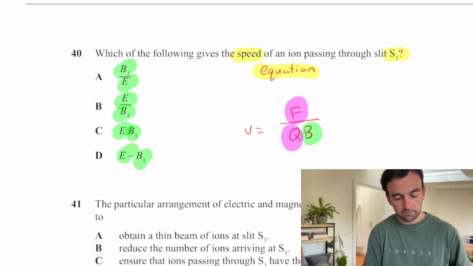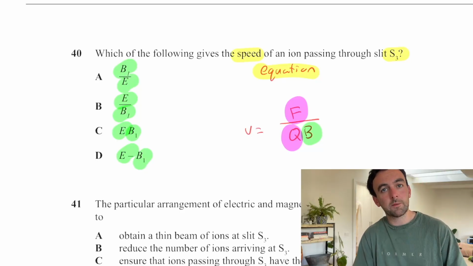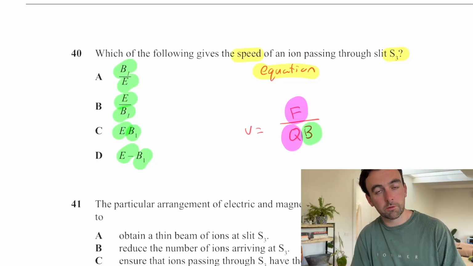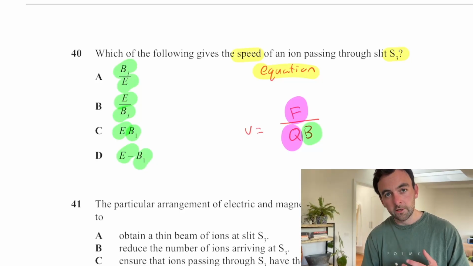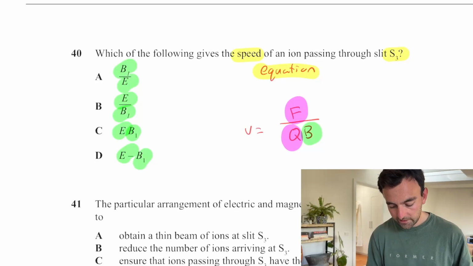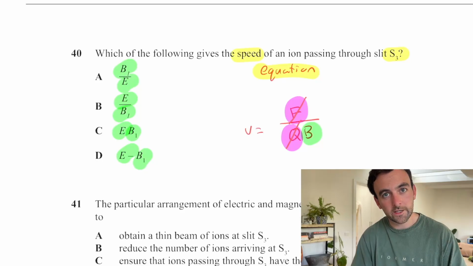So once you've identified the problem, you can start thinking about ways that you've solved similar problems in the past. So when I'm thinking about this, what I want to do is cancel out these units somehow. And I think, well, how can I cancel units?